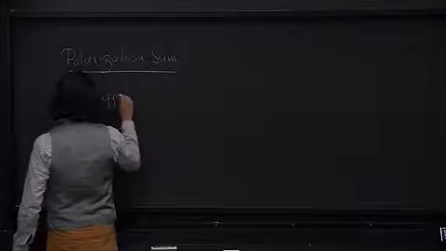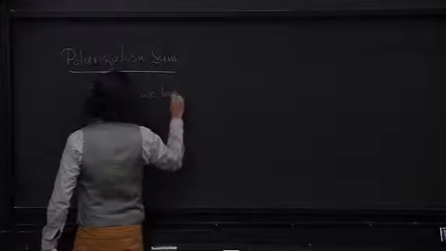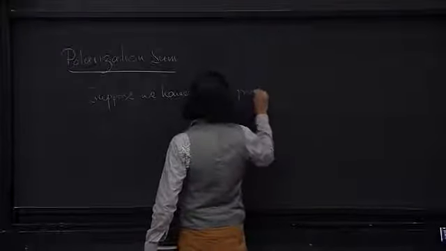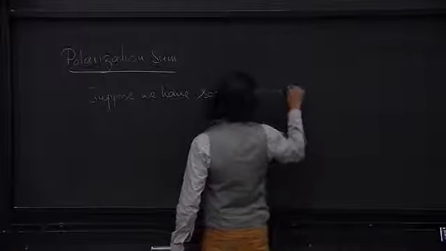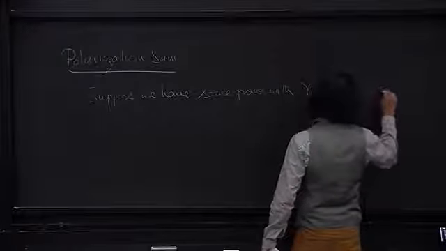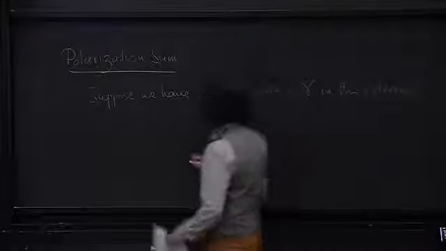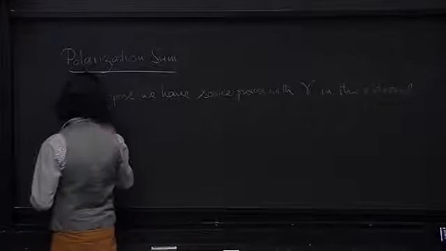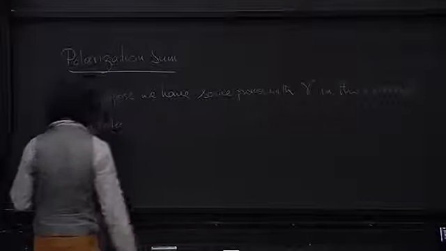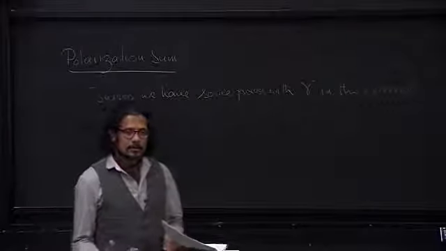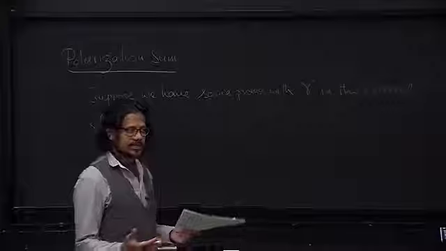So suppose we have some process with a photon in the final state, in the external states. That amplitude will have some label, which is the label of the polarization of the photon, right?